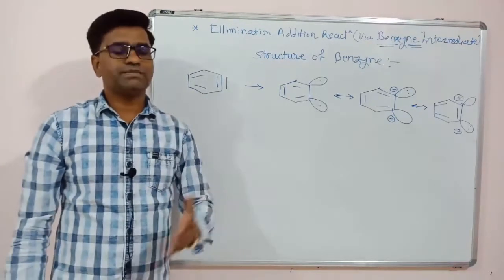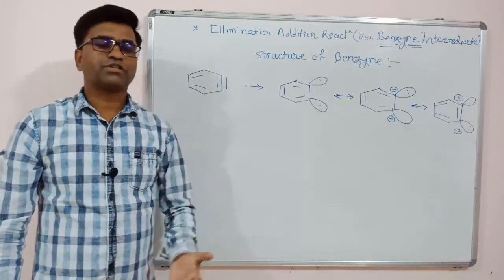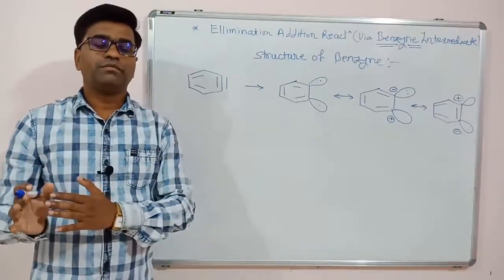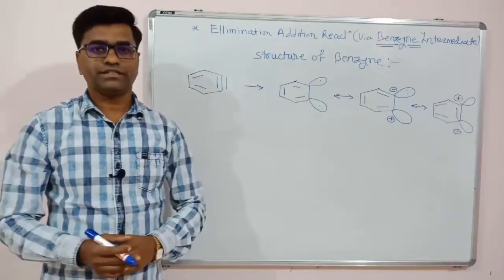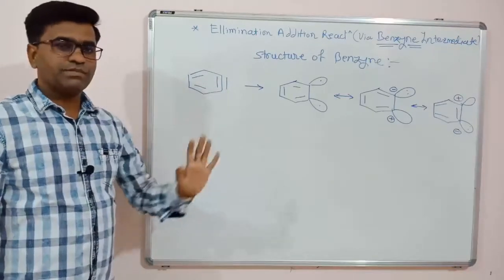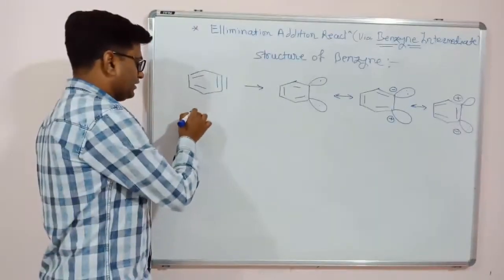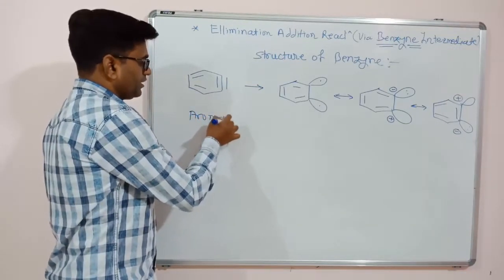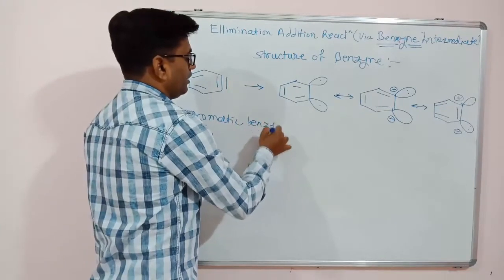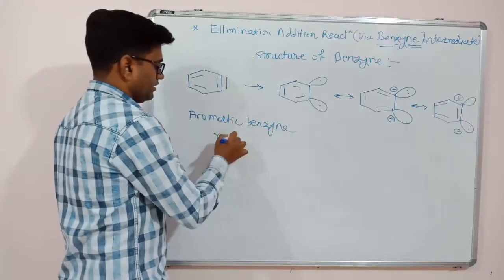But there are chemical and spectroscopic data that prove this intermediate is formed within the reaction. These two carbons are sp2, so the aromatic character of this benzene remains as it is.